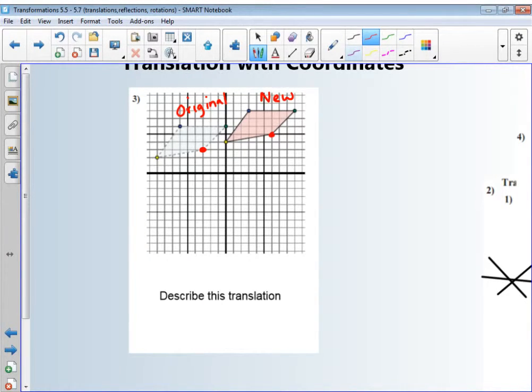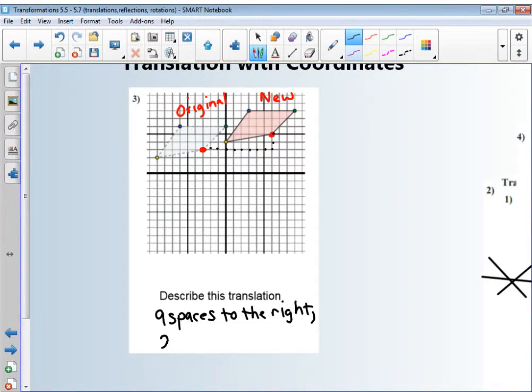What steps did I have to go? Okay, so I'm going to go over to the right. 1, 2, 3, 4, 5, 6, 7, 8, 9. So I'm going to go to the right 9. And then I'm going to go up 1, 2.